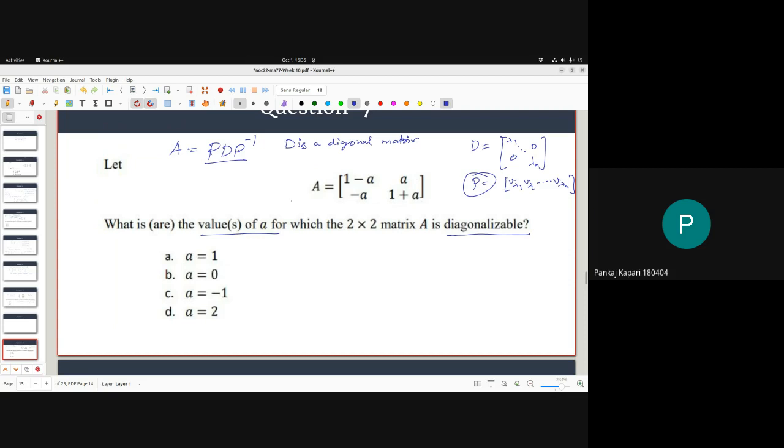But this is a simpler problem. You can see that if you put A equal to 0, then this matrix is 1 0 0 1. So this is an identity matrix, so it's already a diagonal matrix. So that is your answer for the values of A for which you can diagonalize it.